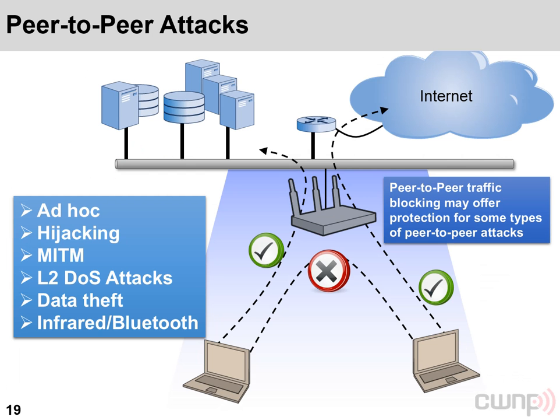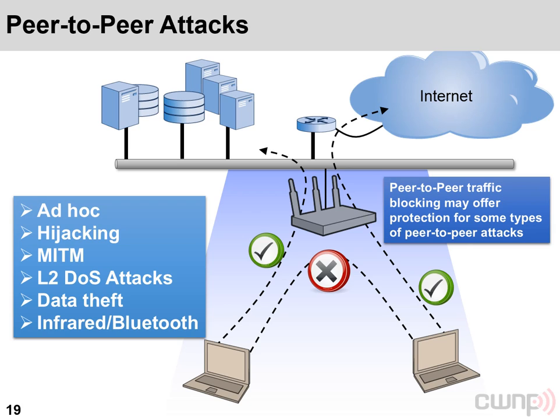And then we have peer-to-peer attacks. In this case, the concern is a peer attacking another peer. This is certainly a common concern at public hotspots. But peer-to-peer attacks include just ad hoc attacks in ad hoc networks, where we actually can create an ad hoc connection because a laptop is accidentally configured to continually be starting an ad hoc network, and therefore another device can connect to it and then steal data or communicate with the device.